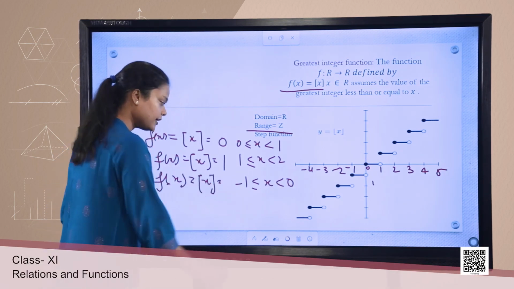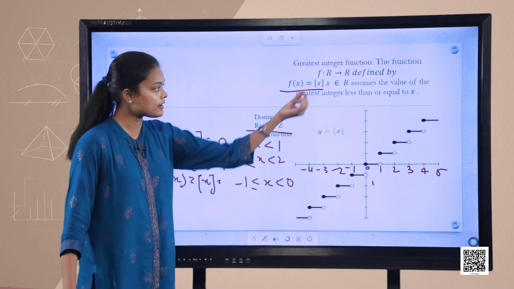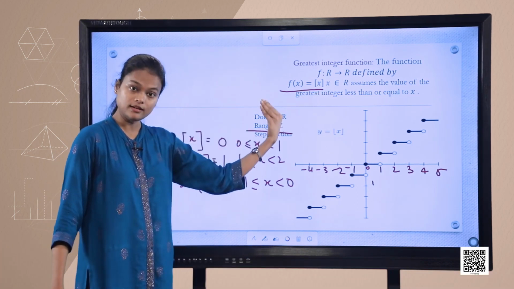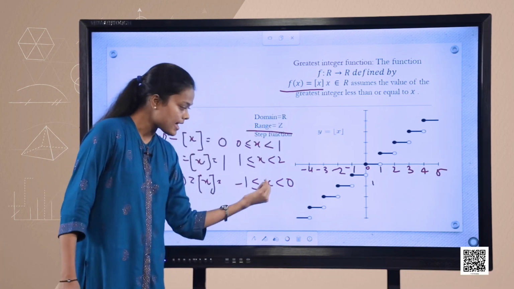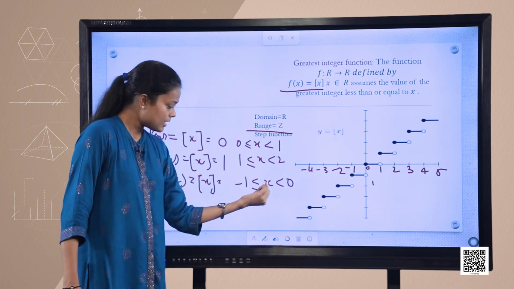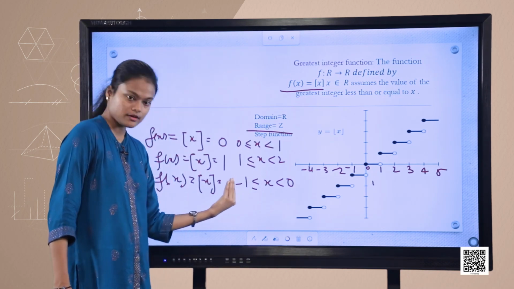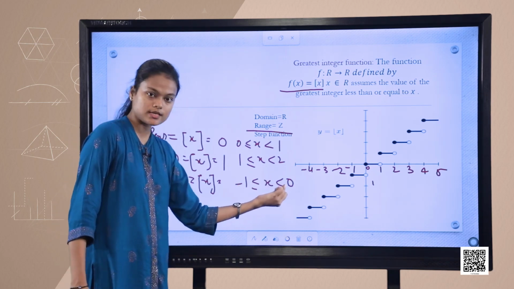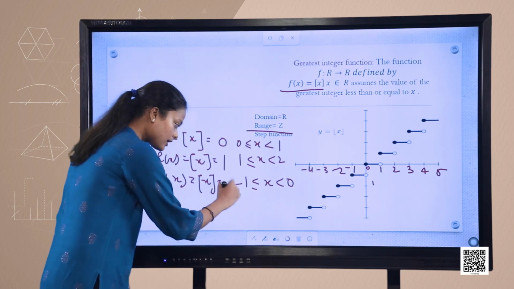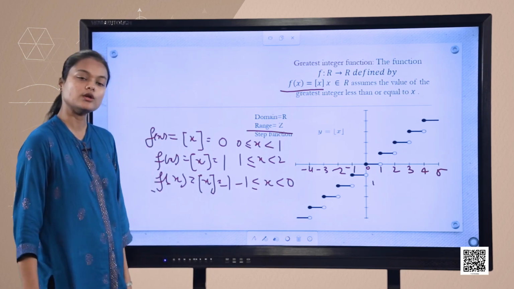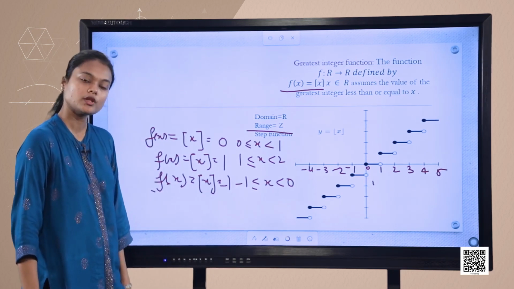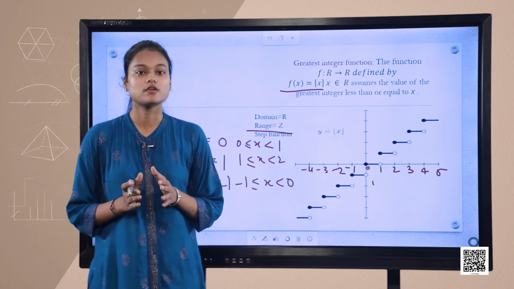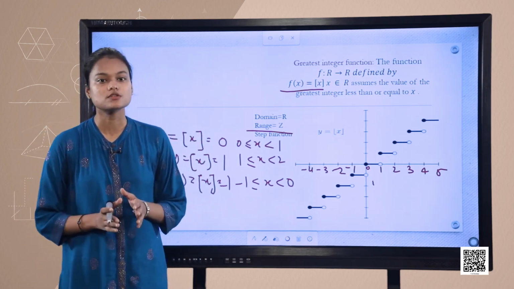The value of the function will be the greatest integer less than or equal to x. The integer which is attained before x is -1. It cannot take 0 as a value. So -1 will be the value of this function. So what will be the range? Range is the set of all integers.